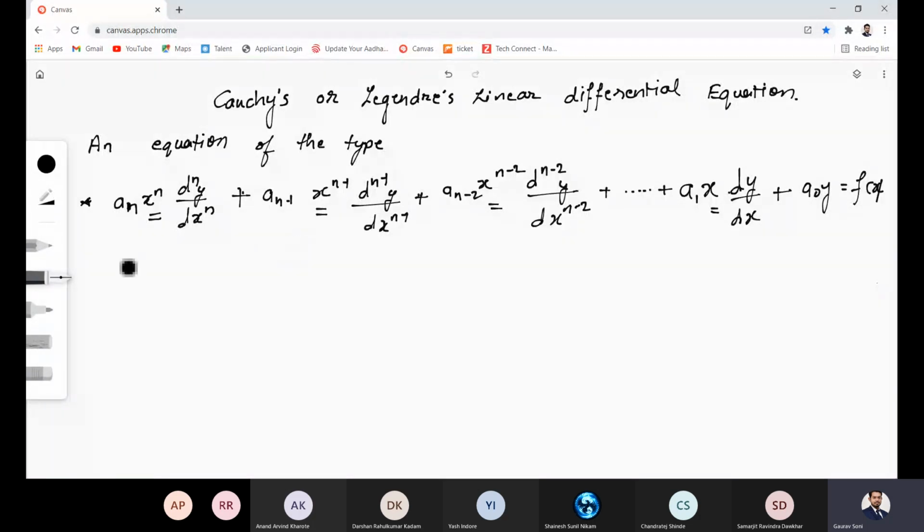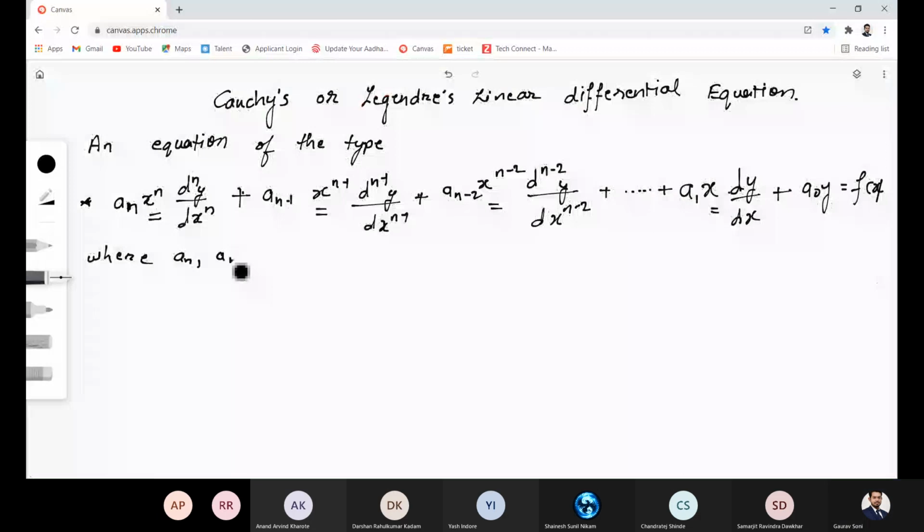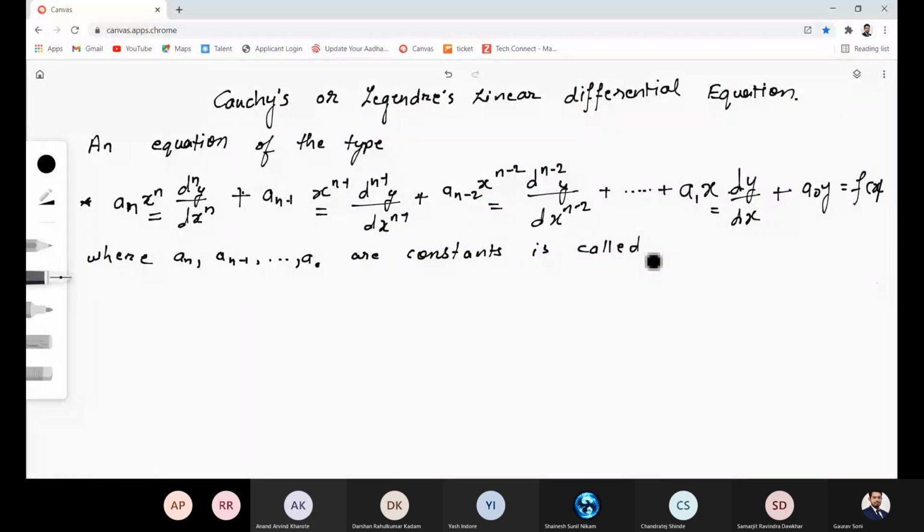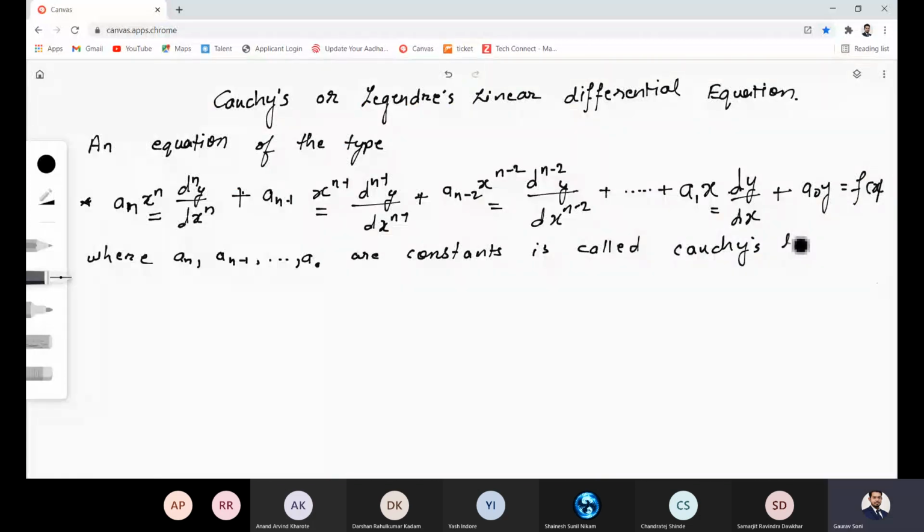Such a differential equation, where a_n, a_(n-1), and so on up to a_0 are constant, is called Cauchy's linear differential equation.